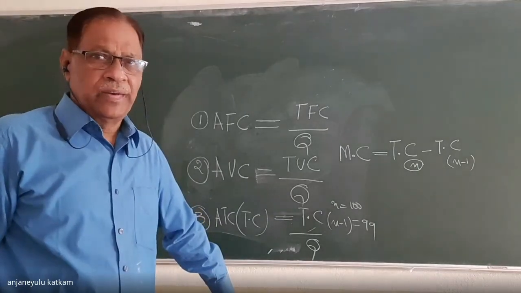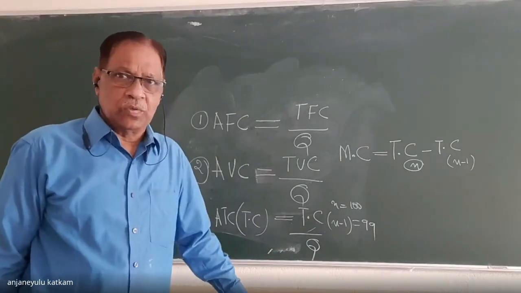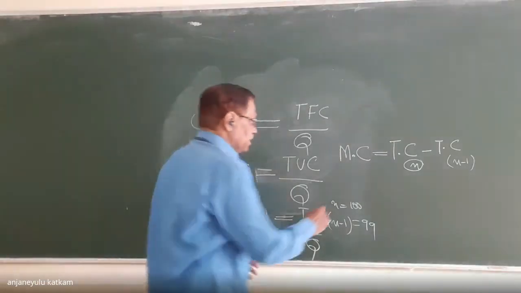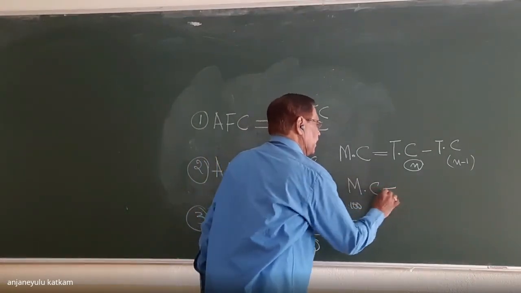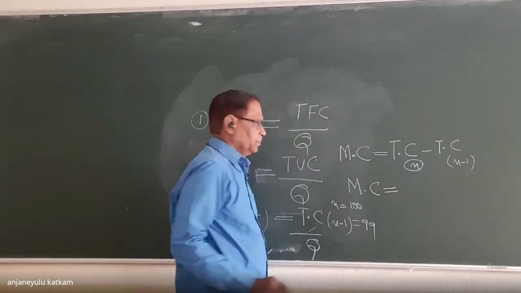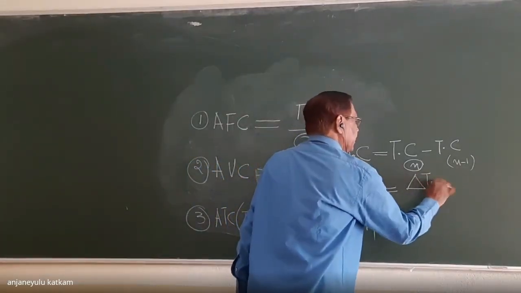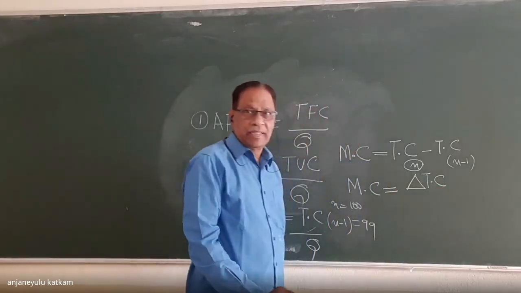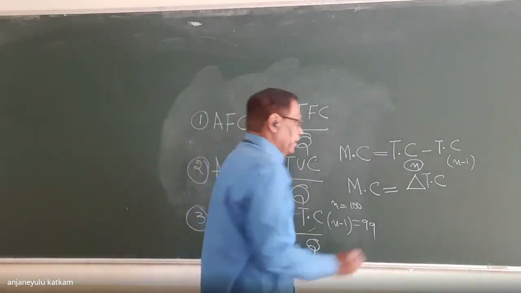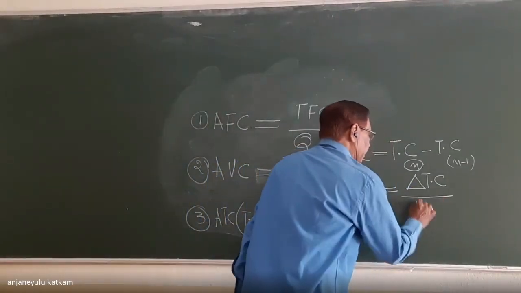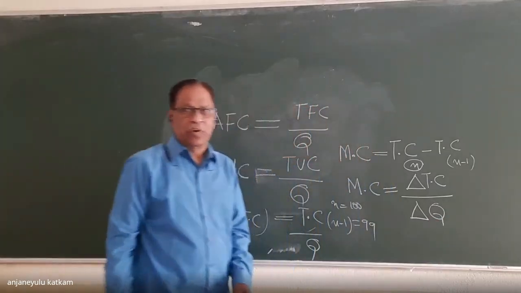This is one. There is also another equation for calculating marginal cost. The second one is that marginal cost is equal to delta TC, that is the change in the total cost, divided by delta Q, that is the change in the amount of output.